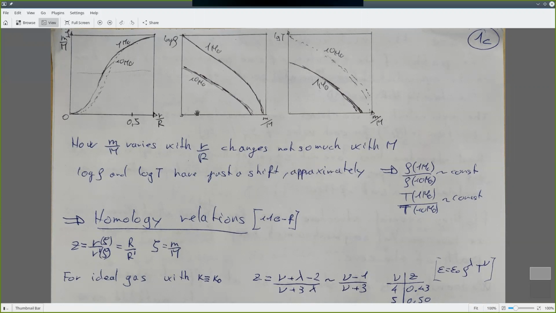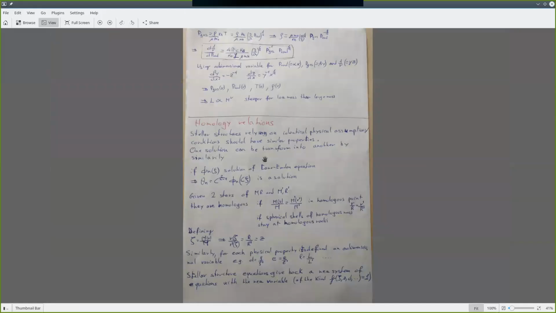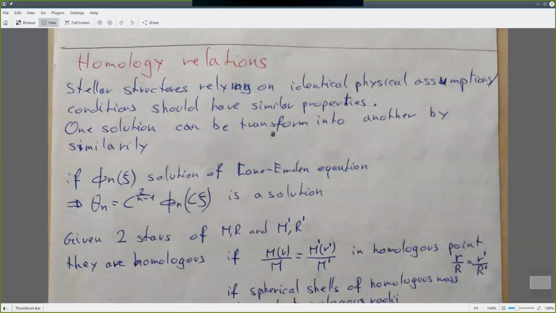That means that if you put together the two densities, the ratio at the same value of mass with respect to the total mass is just a constant. This is something that we heard before. If you remember, I mentioned it while studying how we model stars, about the homology relation.